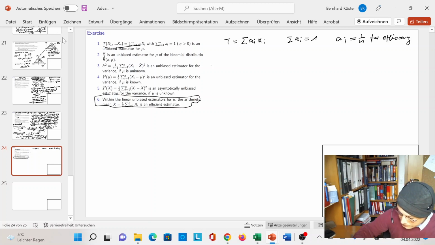So therefore, we have to calculate the variance of our estimator.